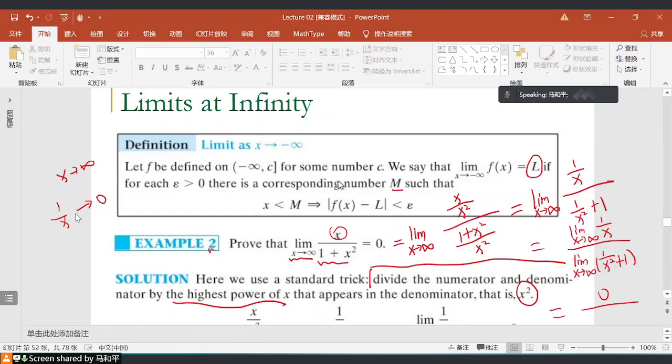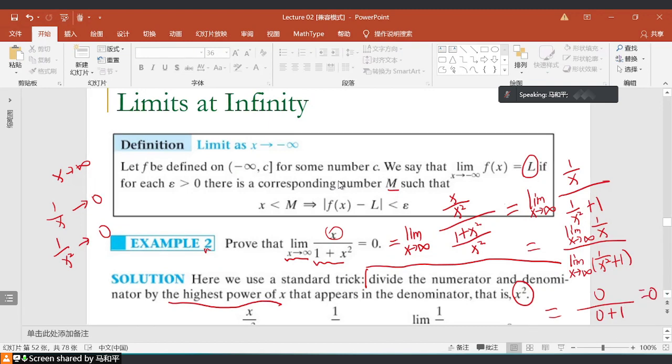Also, as x gets larger and larger without bound, 1 over x squared also gets smaller and smaller until it approaches 0. So this is 0, and this is a constant 1, so the denominator is not 0. So we find that the limit is 0.